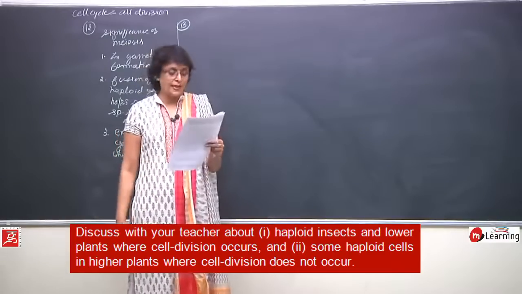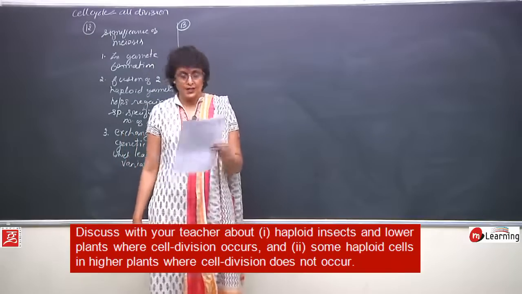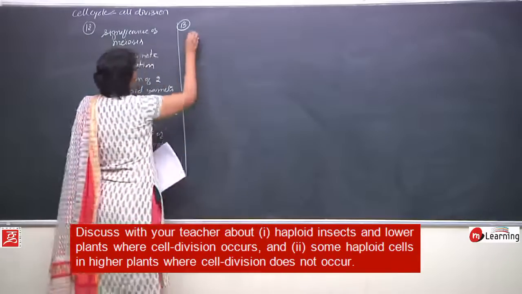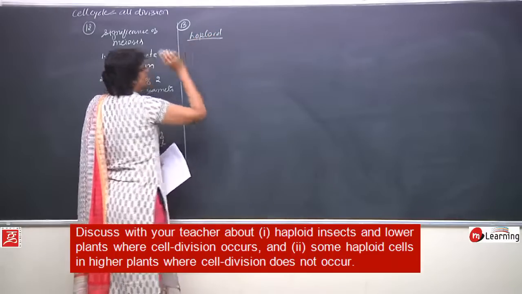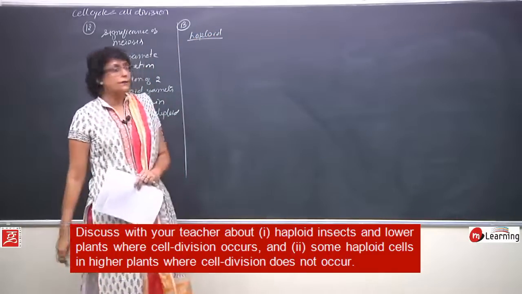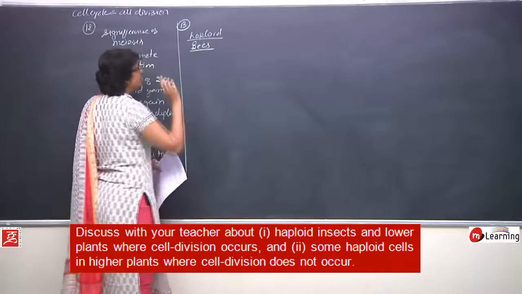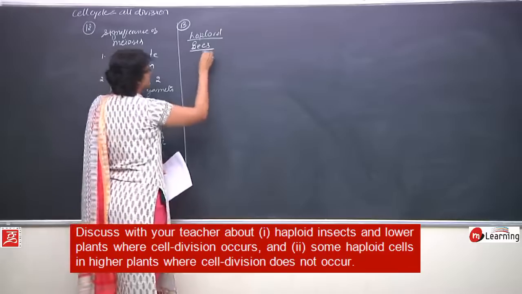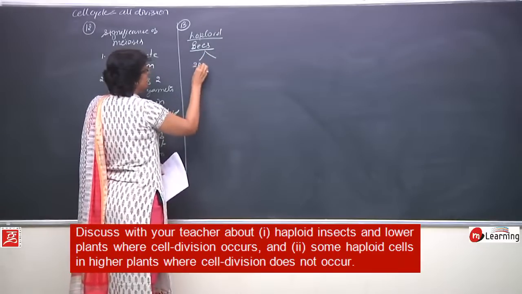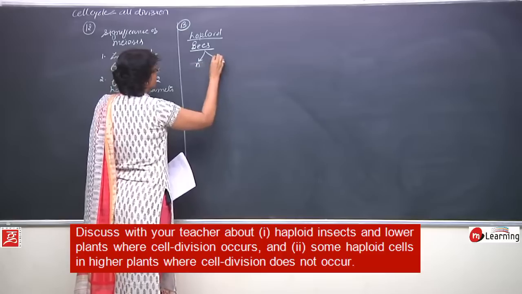First, haploid insects and lower plants where cell division takes place. Here we will take the example of honeybees. What happens in bees? Bees lay 2 types of eggs.